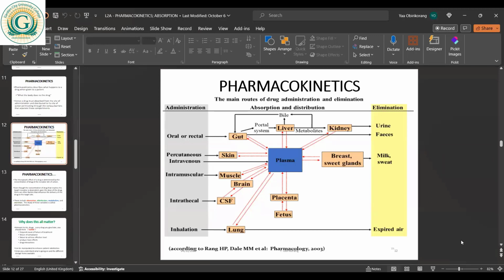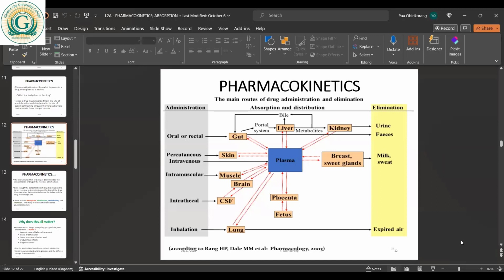What happens to the drug from the point where you administer it up to the point where it is eliminated from the body. We also got to know that there are 4 main processes: absorption, distribution, metabolism, and excretion. Like I said, in some books you are going to find metabolism and excretion put together as elimination.